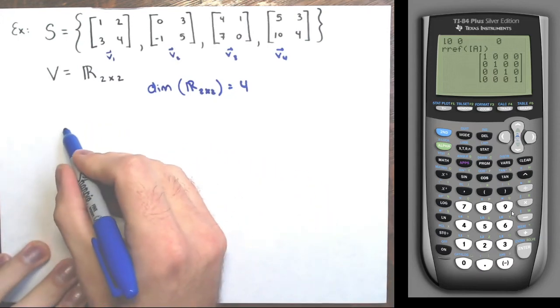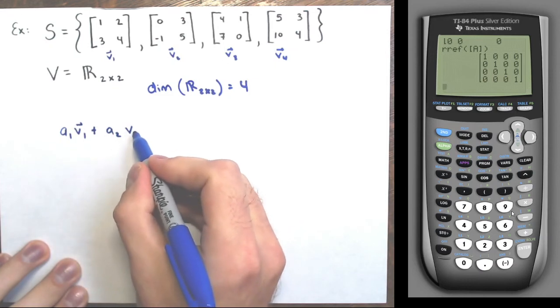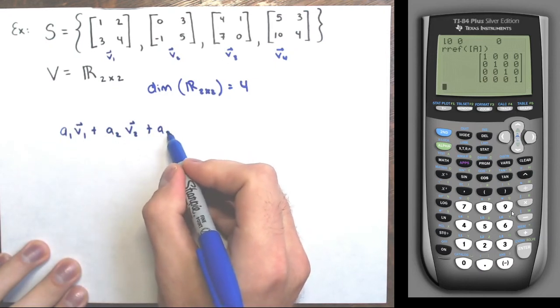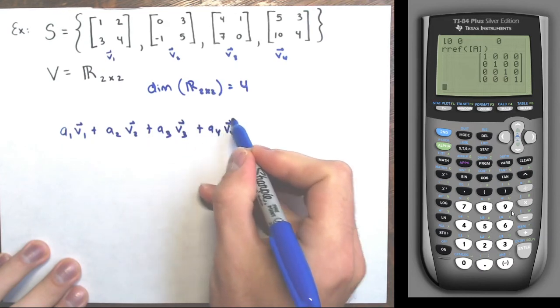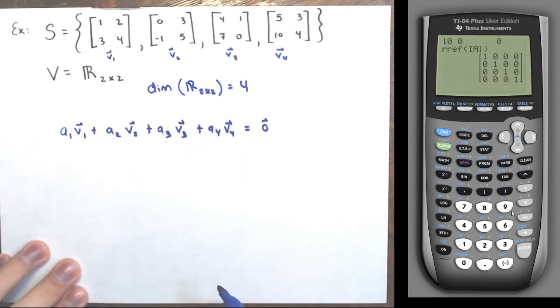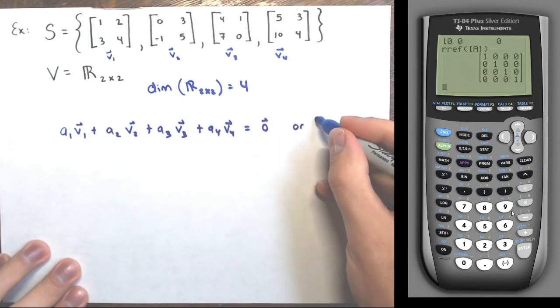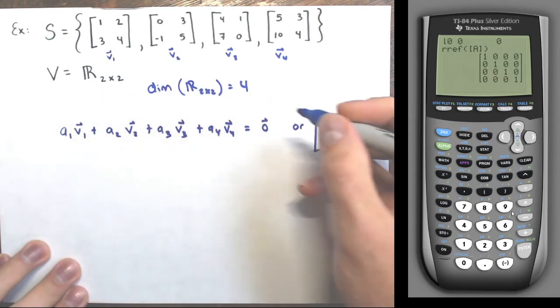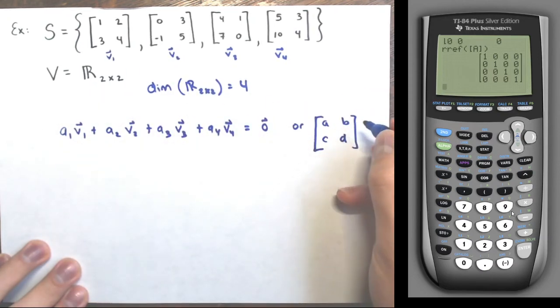So I'll check for independence like I like doing. a1 times v1 plus a2 times v2 plus a3 times v3 plus a4 times v4. When is that equal to the 0? The 0 vector here again would be the 2 by 2 zero matrix. All the entries are 0. Or you could set it equal to any a, b, c, d, where a, b, c, d are real numbers.